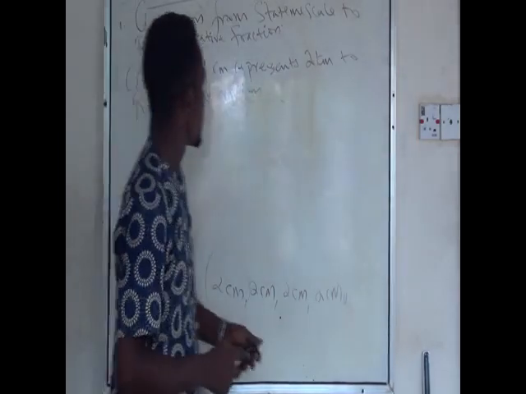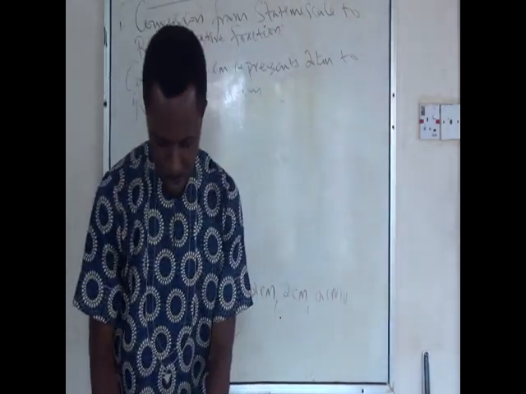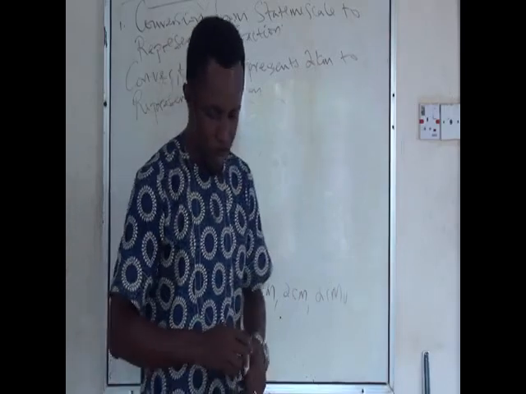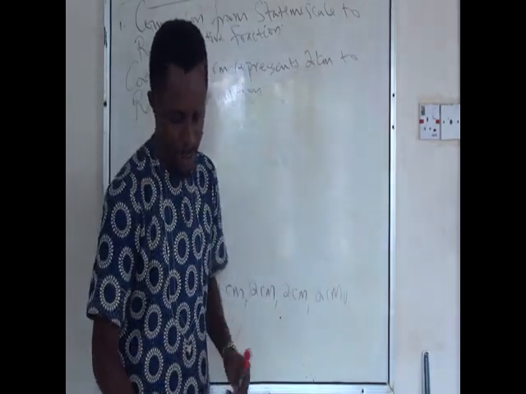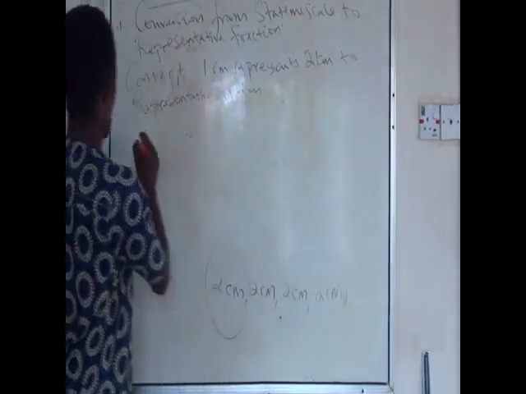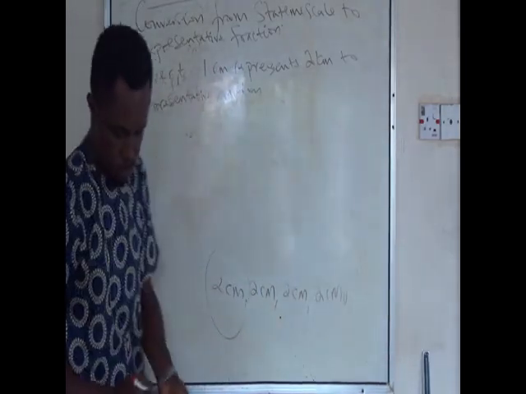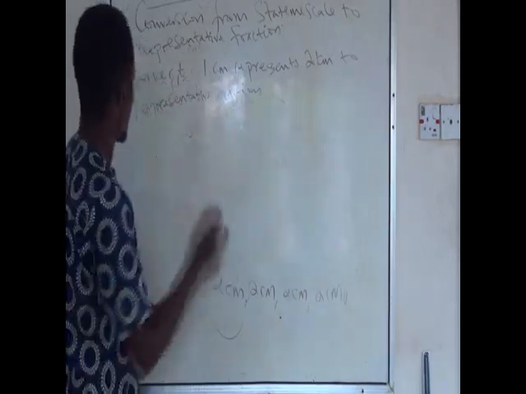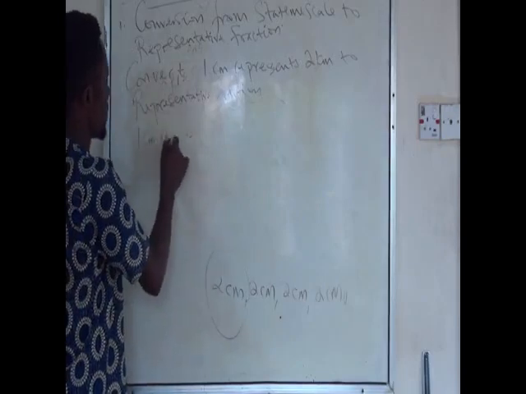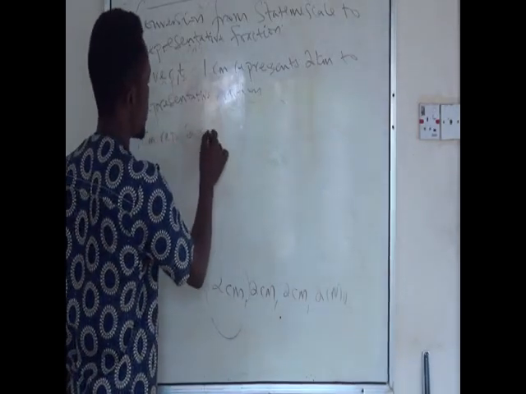So the first thing you need to do is to write the scale out clearly. 1 cm represents 2 kilometers.